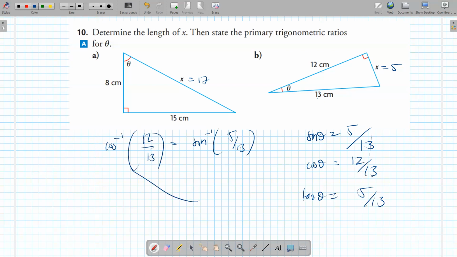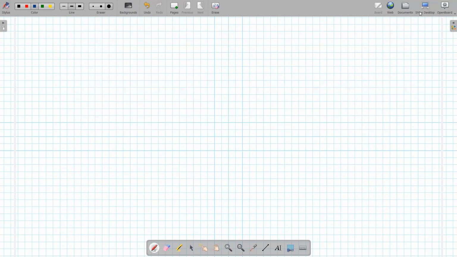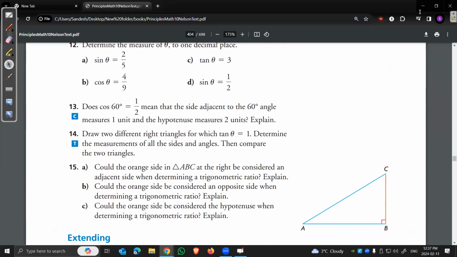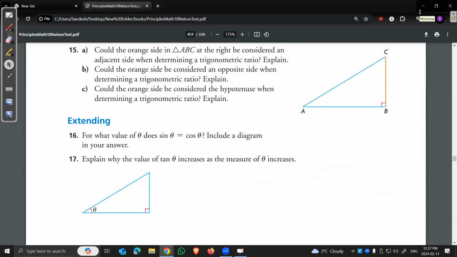And both of these angles are also going to be exactly the same as tan inverse of 5 over 12, because it's the same angle that we're looking at. So any of the ratios can give you the angle. Here we could have used all, but sometimes you can only use one of the three.